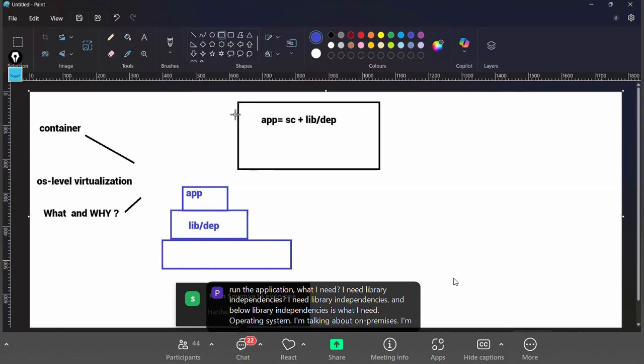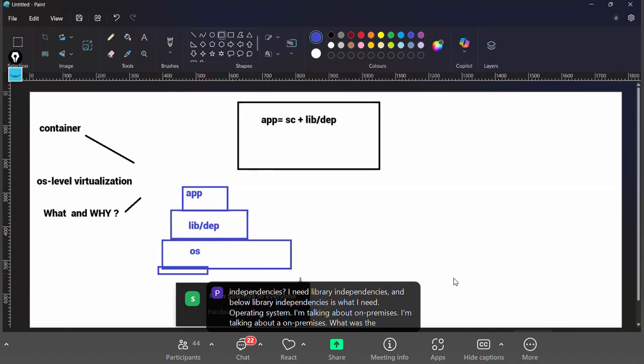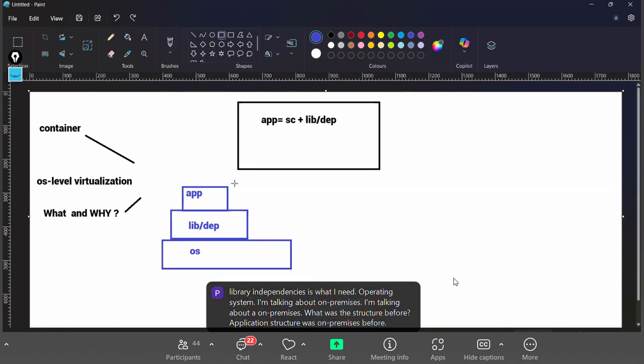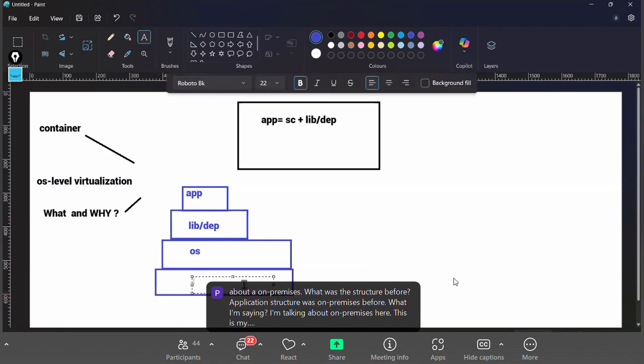What was the application structure before? It was on-premises. This is my hardware, in the traditional on-premises setup. Hardware wastage was a big problem. On an average, as per the observation, 30 to 40% of hardware components we were wasting.